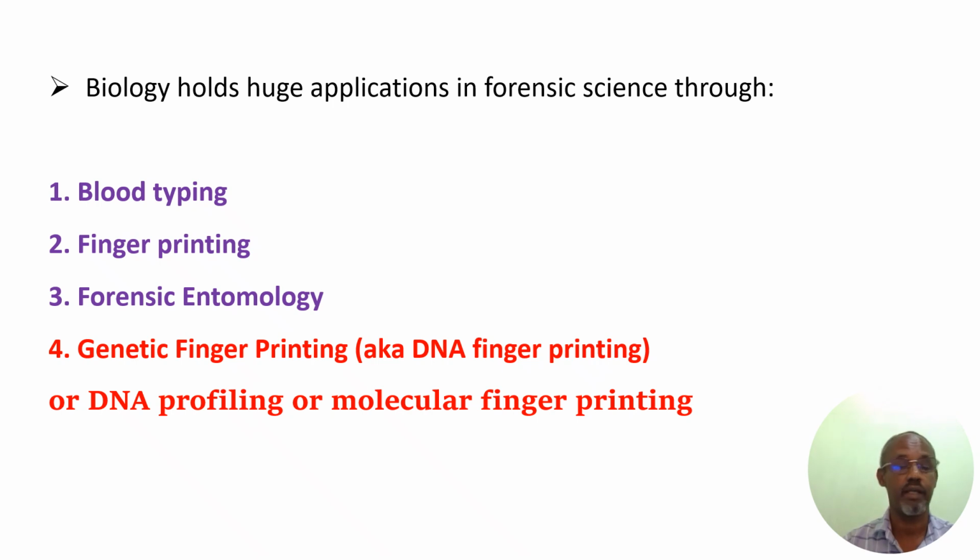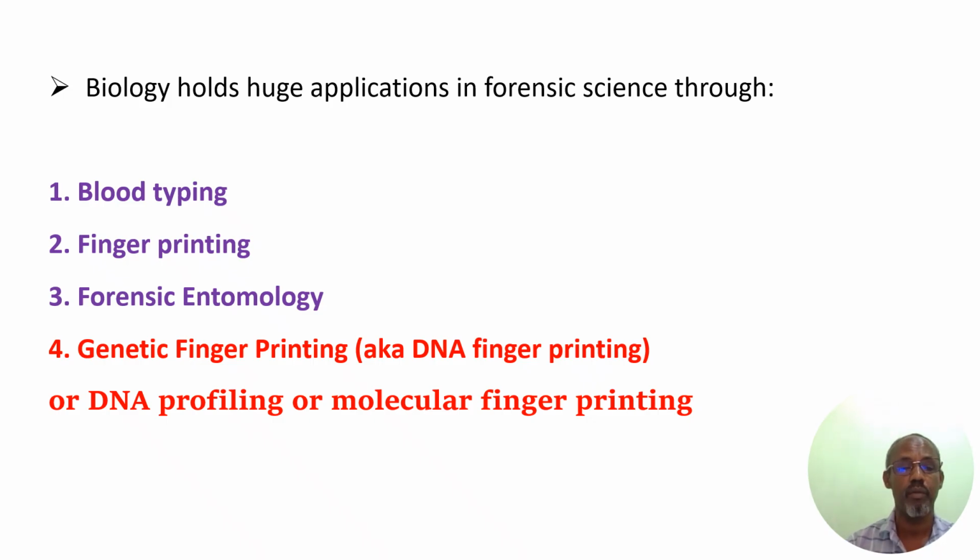Otherwise, as I've tried to tell you earlier, the science of biology holds huge application in forensic science through blood typing. Not only the usual A, B, AB and O types of blood, there are many blood genetics like Rh factor analysis, MN blood typing, whatever.